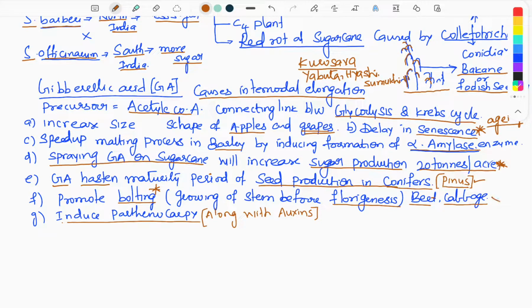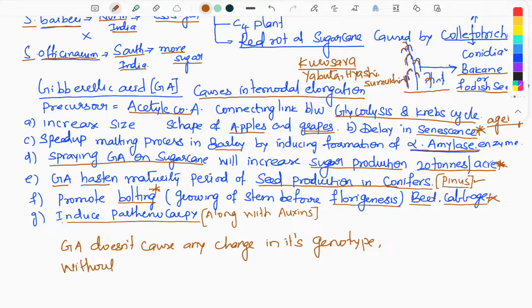Do remember that gibberellic acid does not cause any change in genotype. So without changing genotype, it changes the phenotype.